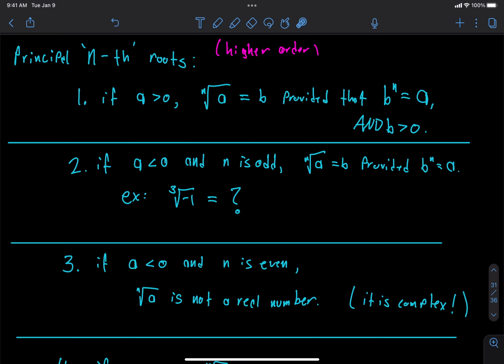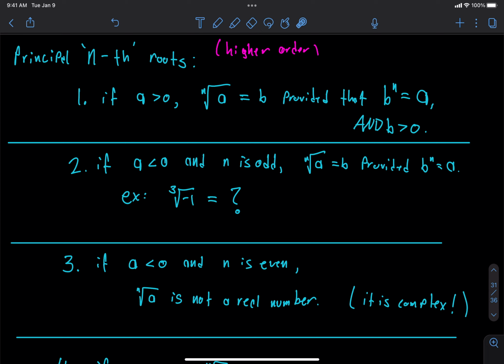Pretty simple stuff. The first thing to say is, what is the definition of an nth root? An nth root of a number a is another number b such that if I take that number b to the nth power, I get a. So we have this relationship that b to the power n should be equal to a. If that is true, then we call b the nth root of a.